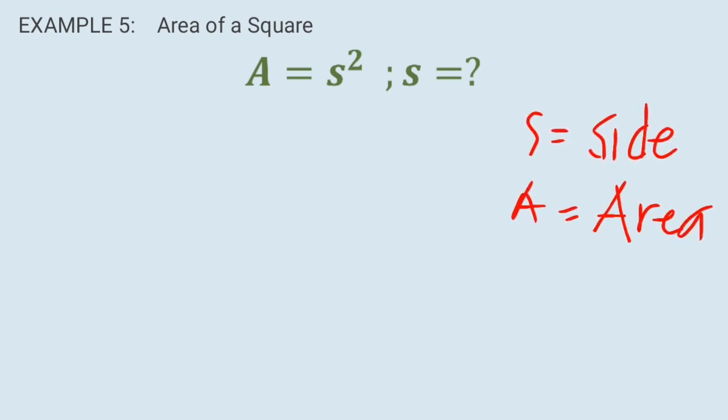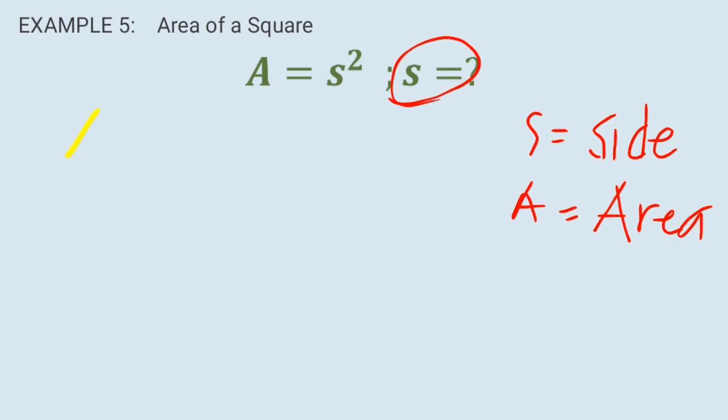Now, what do you think is the formula if we're looking for S? Okay, since it has a square, to remove this square, we also have to take its square root. Okay, let's show it.